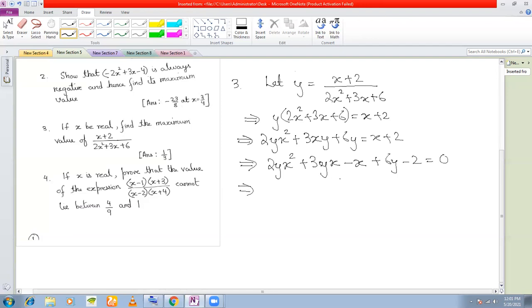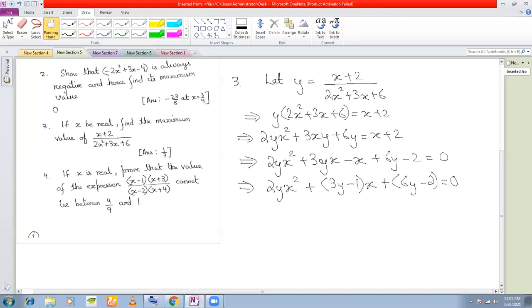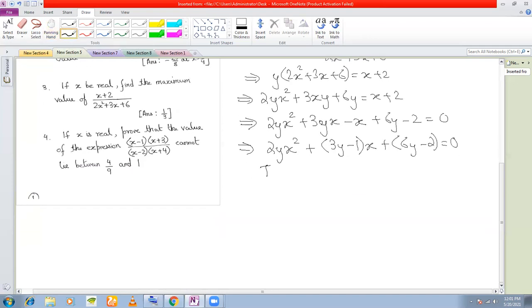Now you express this as a quadratic in x. So you have the ax squared term, you have the bx term, if you take x common, and you have the c. So this is a quadratic in x.